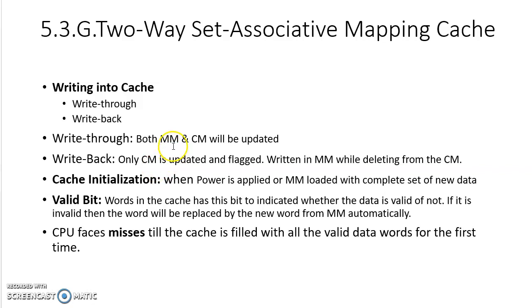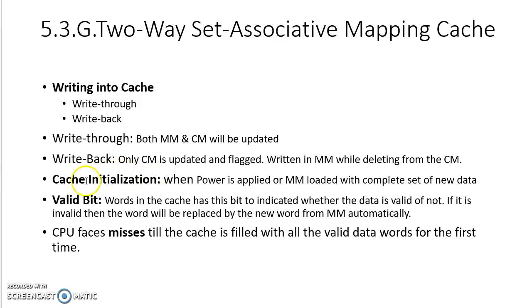You will update later, not immediately, because the CPU might be using this data from cache memory multiple times, so you don't need to update multiple times. So only the cache memory will be updated and flagged. When the time comes to remove this data, then the main memory will be updated. So that is the difference between write through and write back. All these techniques are only to improve the hit ratio. Remember that hit ratio is important. Reducing the average memory access time is important.